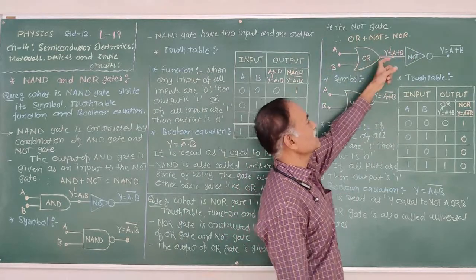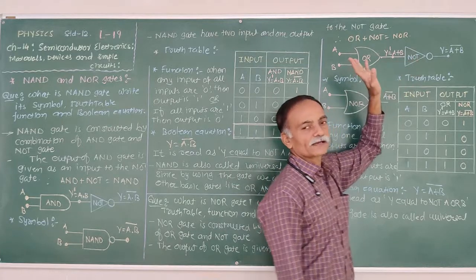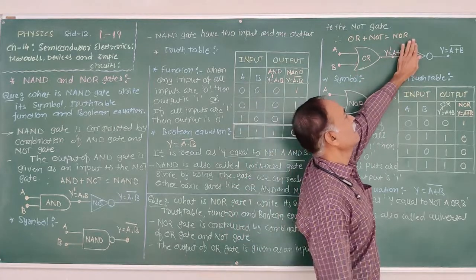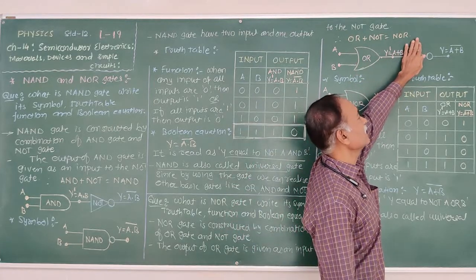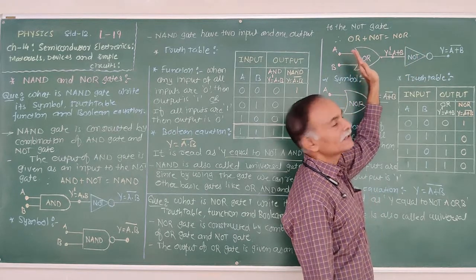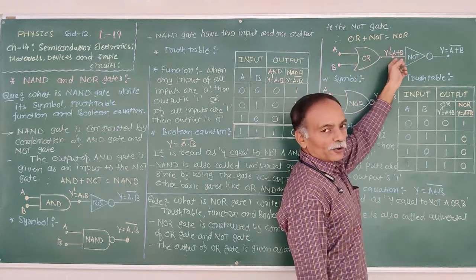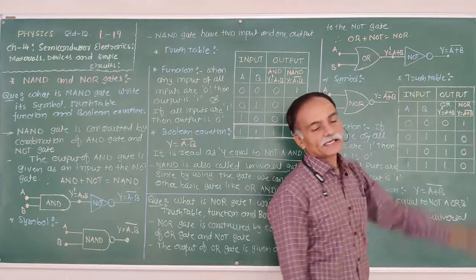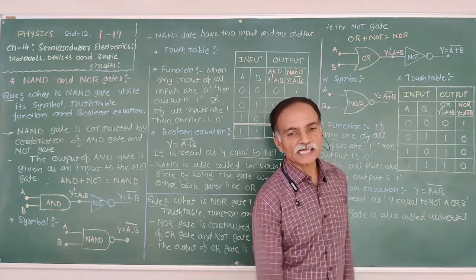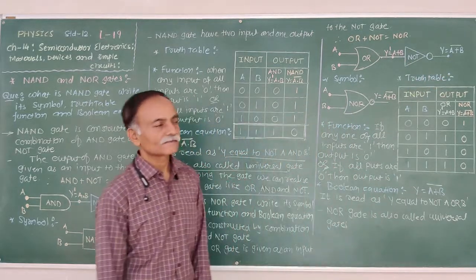The output of the OR gate is given as the input of the NOT gate. Therefore, up to this point y' = a plus b, that is the OR gate. The output of the OR gate is inverted by the NOT gate, so that is the output of the NOR gate.